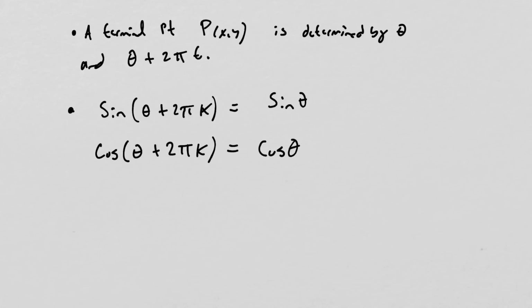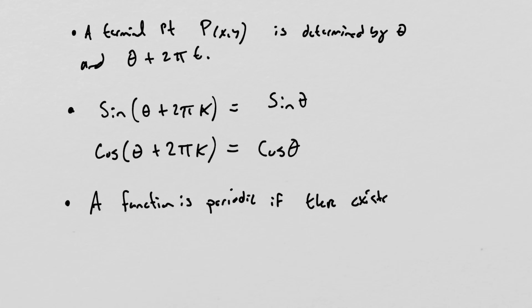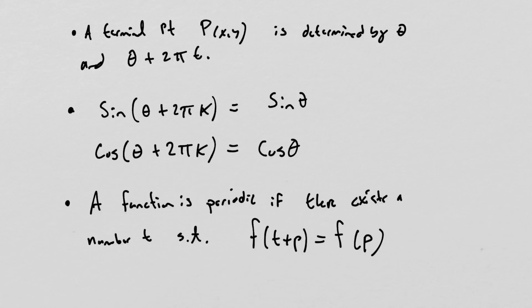These types of functions in general are called periodic. Let's write the definition down of a periodic function. In this definition, the number t is called the period.